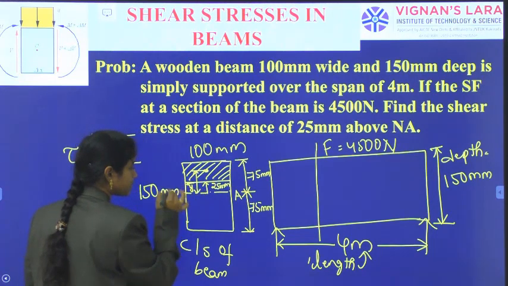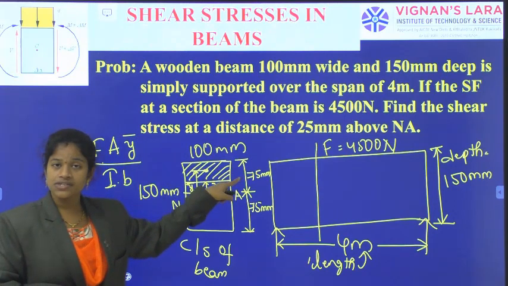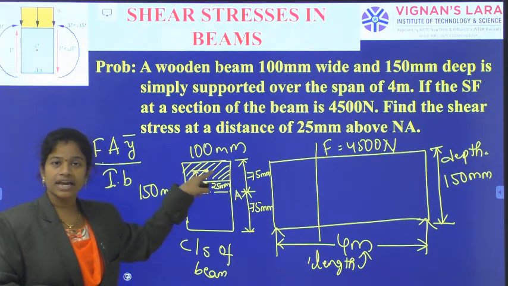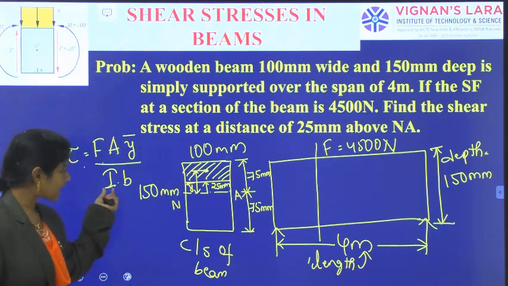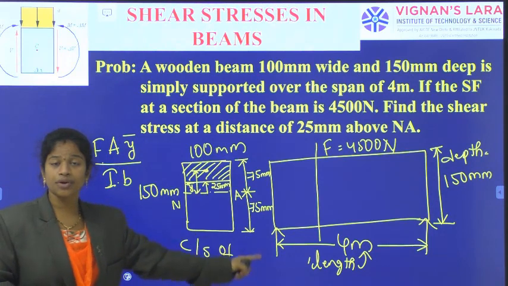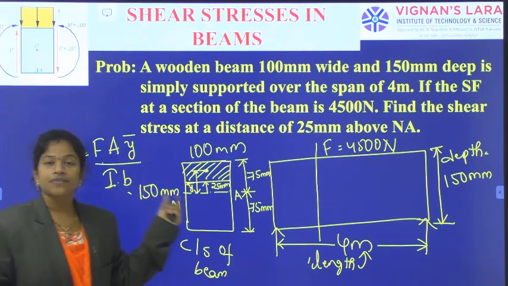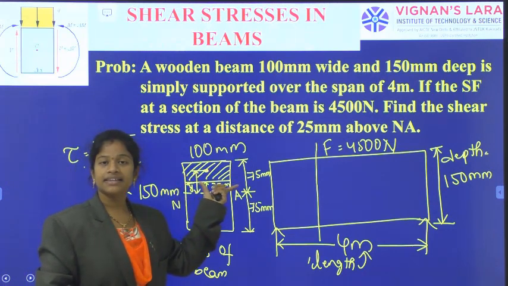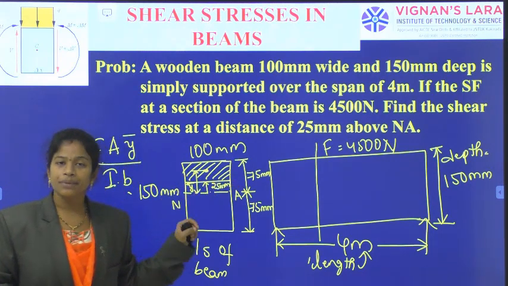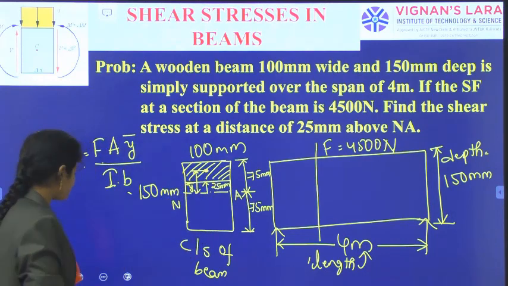That one is y bar. So the distance of the center of gravity of this shaded portion from the neutral axis is y bar. And capital I is the moment of inertia of the whole section, and B is the width of the beam at the level where I am calculating the shear stress.